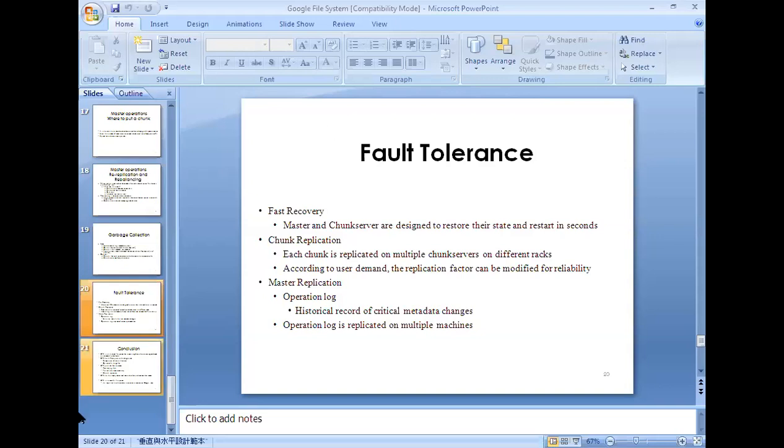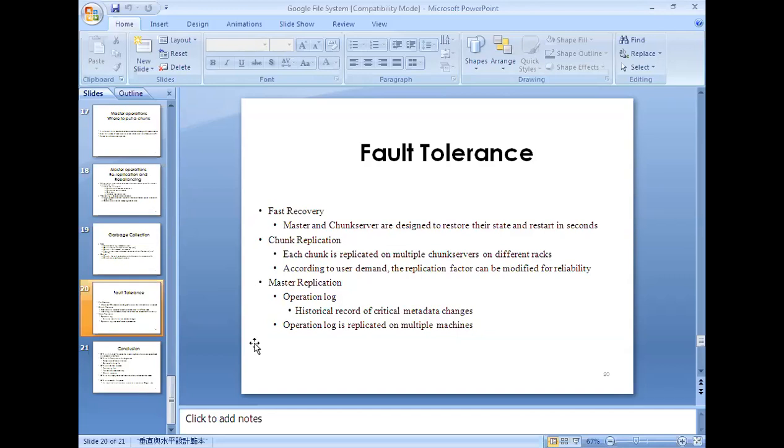And according to user demand, the replication factor can be modified for reliability, as we have discussed already. Master replication and operation log: the master has to maintain the historical record of critical metadata changes, as we discussed in the last class. Changes of metadata are updated at the master node itself.